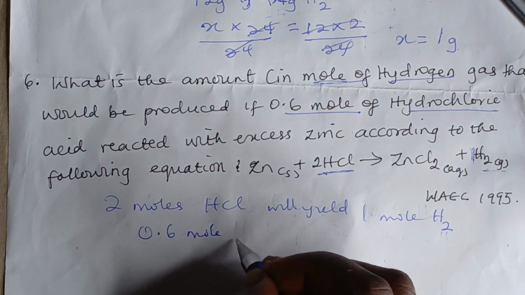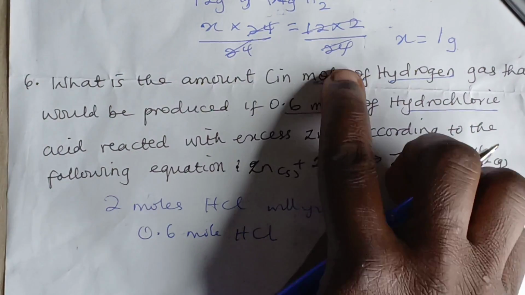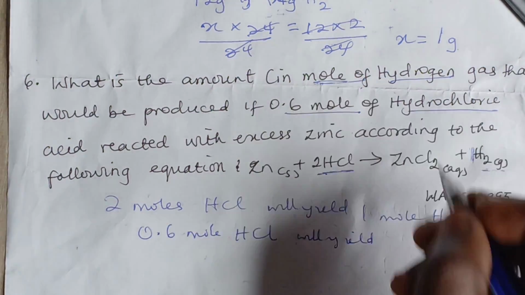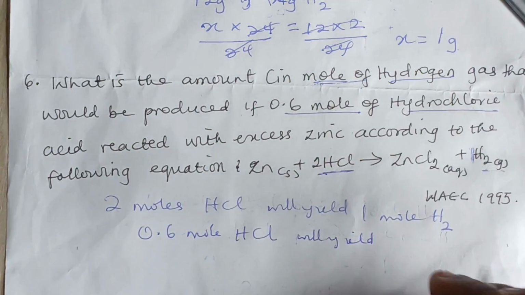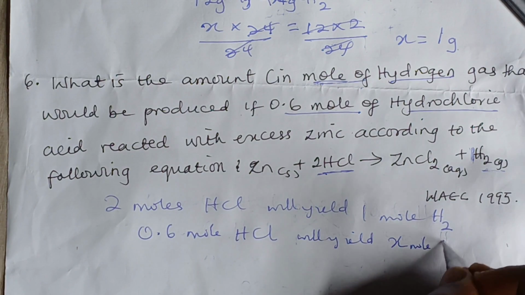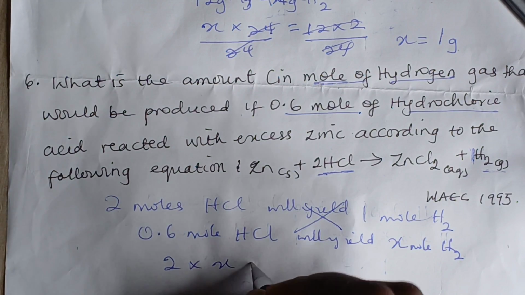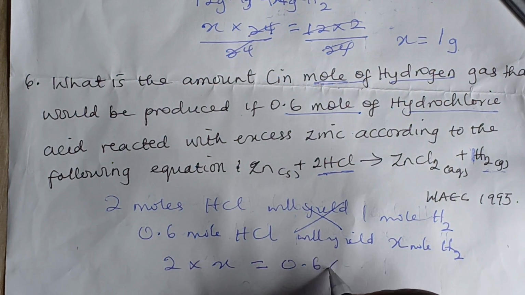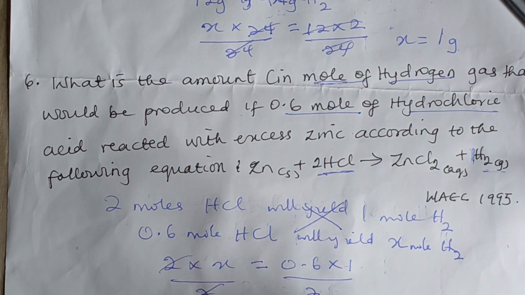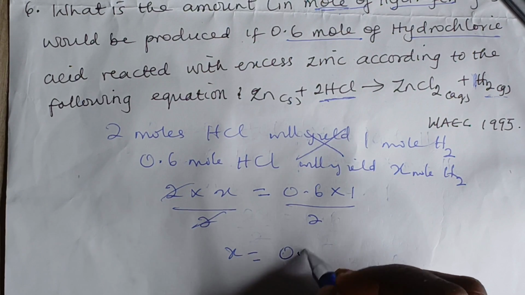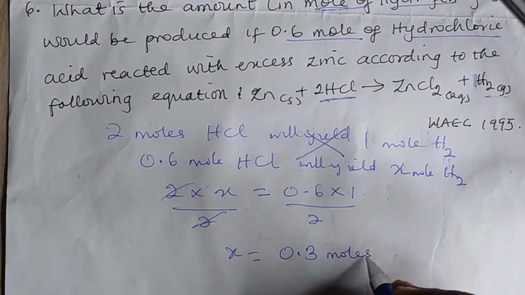We don't need to convert anything because we are working with mole directly. Will yield what? What is the amount in mole of hydrogen gas? That's X mole hydrogen. Cross multiplying, we have 2 multiplied by X equals 0.6 multiplied by 1. Dividing both sides by 2, X yields 0.3 moles. And that is the question.